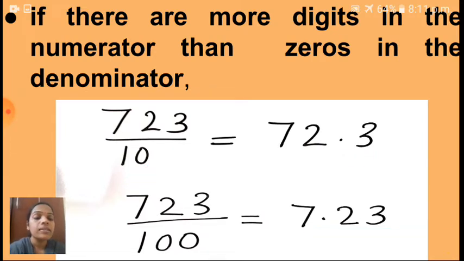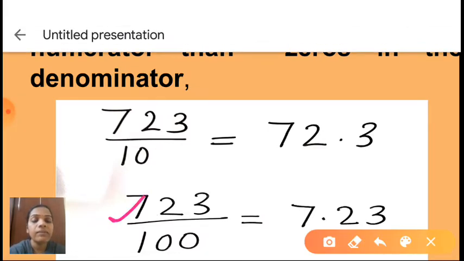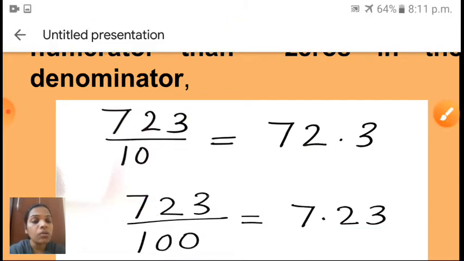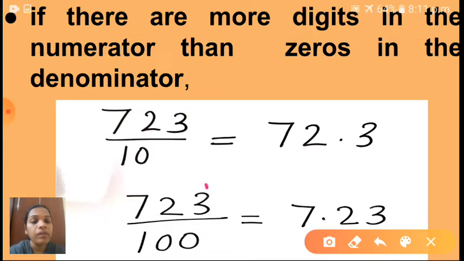Next one is 723 upon 100. How many zeros are there? Very good, 2 zeros. So where do we keep the decimal point? Before the last 2 digits. Count from right to left: this is 1 digit, this is the second one, so you keep the decimal point here.